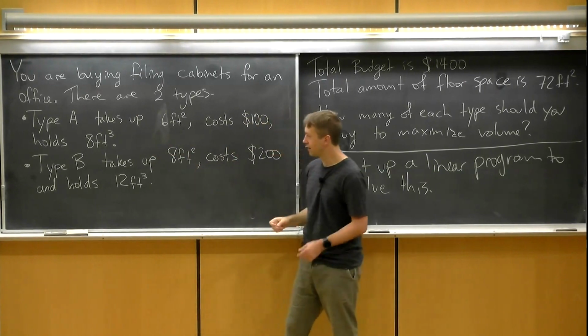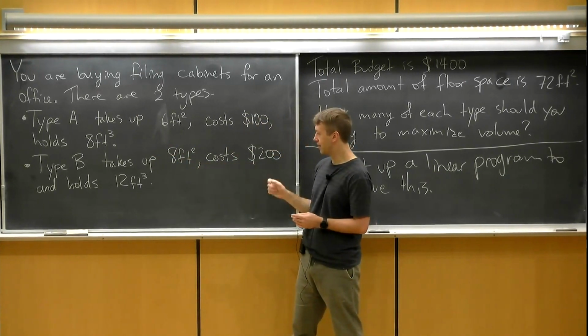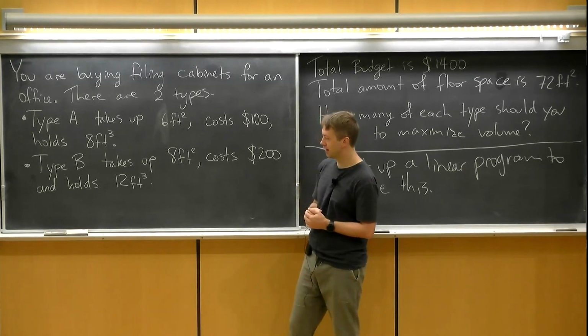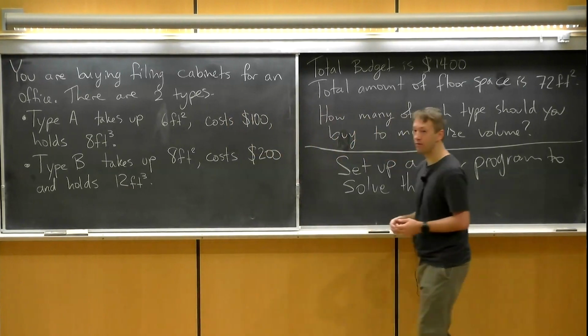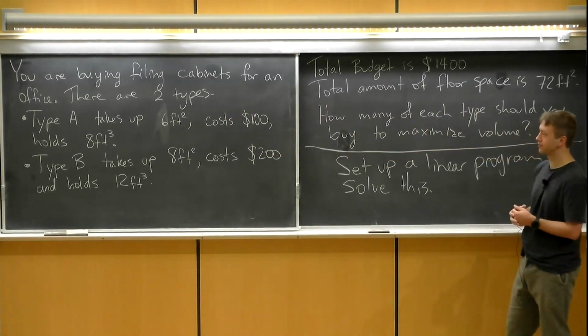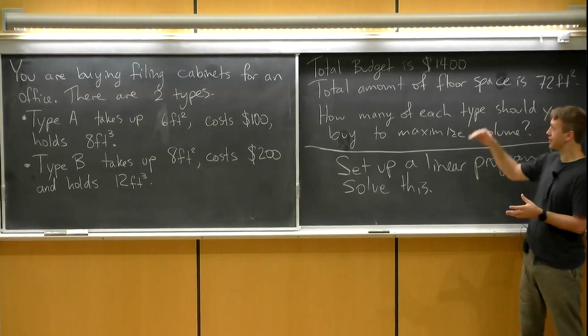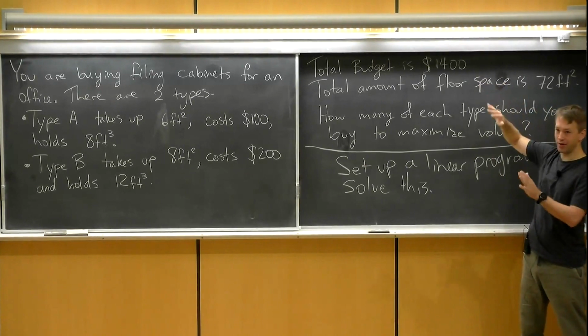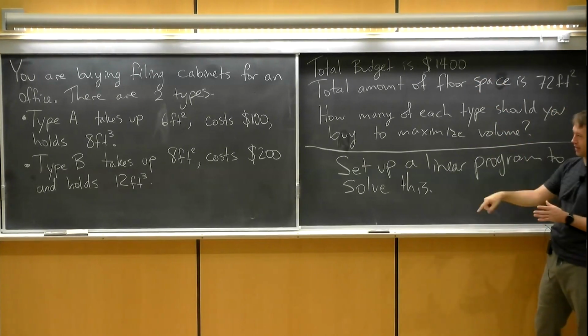Type B has a slightly different area, 8 square feet. It costs twice as much, and it holds a volume of 12 cubic feet. Okay. And you have a limited amount of money, so you only have $1,400. That's your budget. And you have a limited amount of floor space, right?